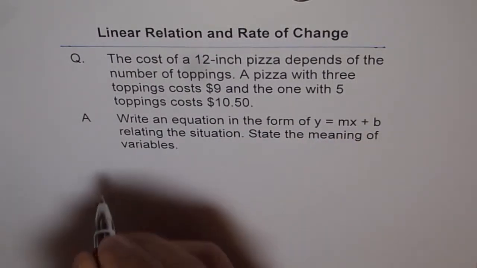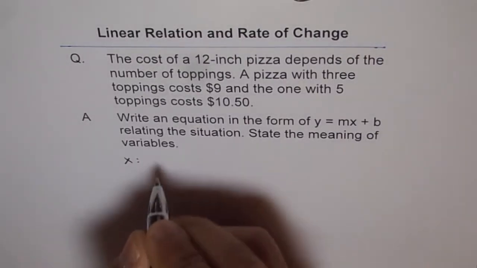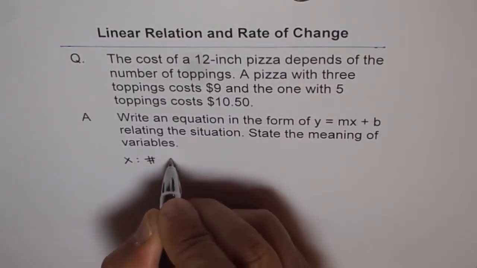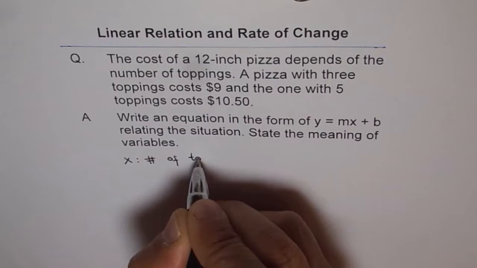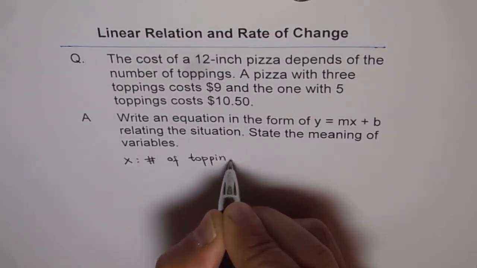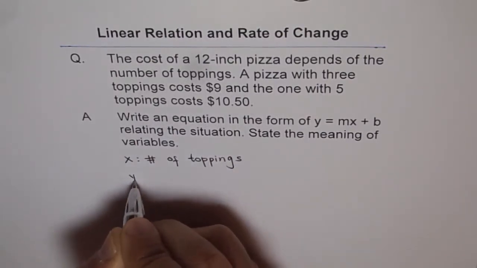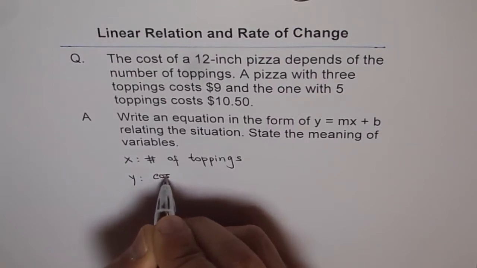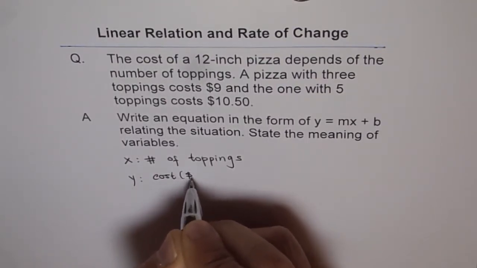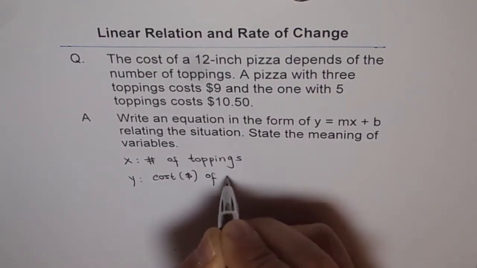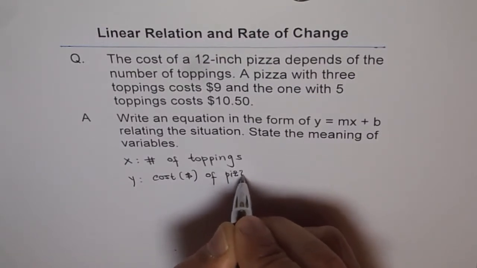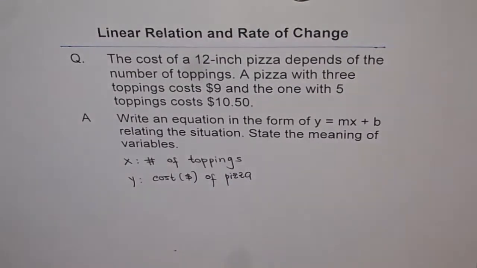Therefore, the variables are x, which gives you the number of toppings, correct? And y is cost, and that too in dollars, of the pizza. Since the cost depends on the number of toppings, that is what we get, the meaning of the variables.